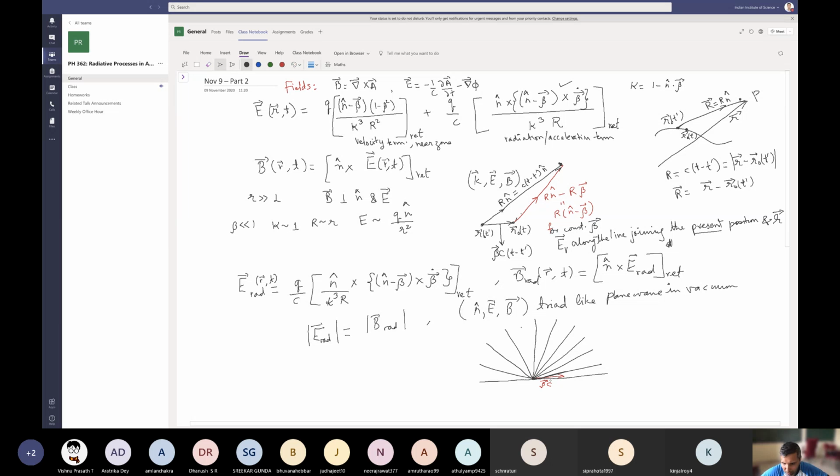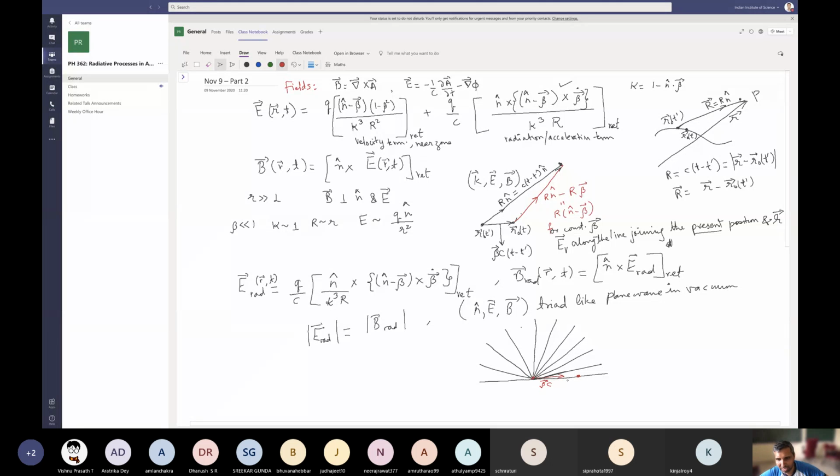Okay, so this charge was moving in this direction, and suppose this charge would come here after some time, from here to here. After a time, this distance is beta times delta t.